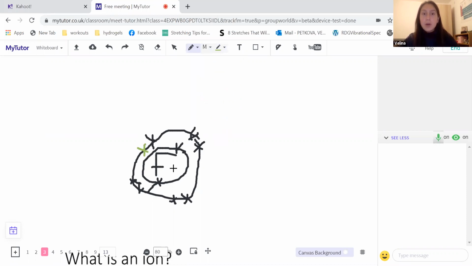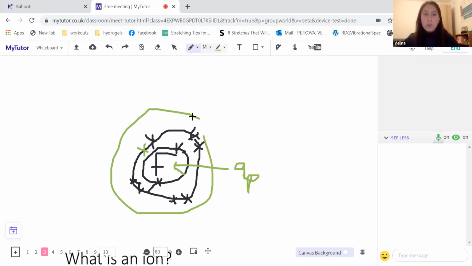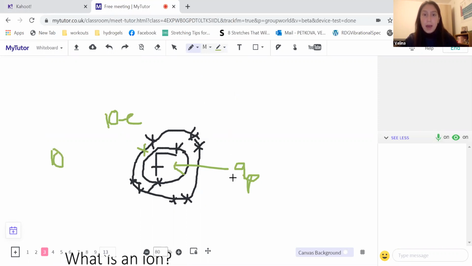In the nucleus, it's still 9 protons, but on the outside we now have 10 electrons. So we have 10 negative charges and only 9 positive charges. That's why when you gain an electron, you form a negative charge on the ion. Okay?